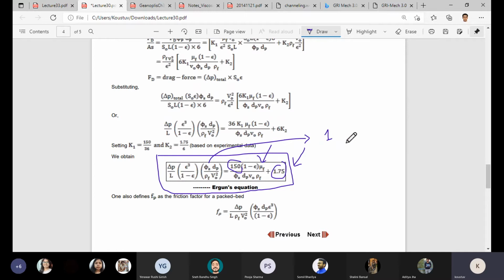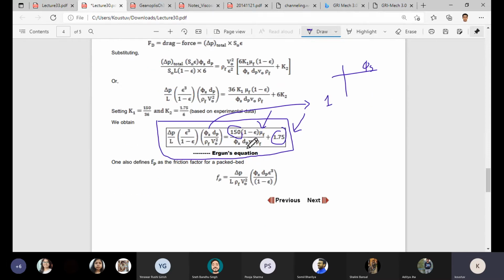If other shaped or cylindrical, then they are less than 1, and there are charts available depending on the packing type and their corresponding phi s. So through these expressions you would validate the experimental data.